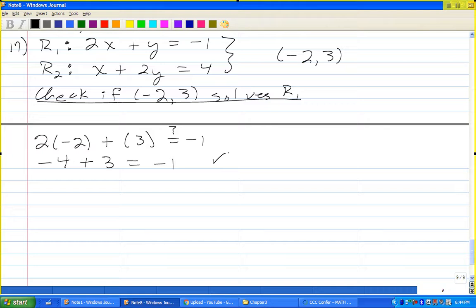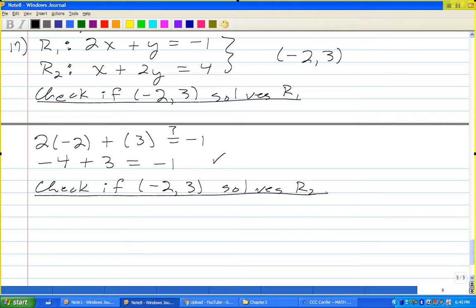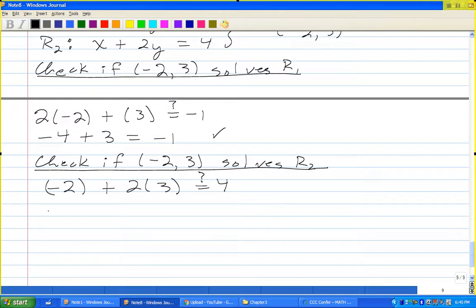Yes. Now let's check if (-2, 3) is a solution to the second equation. And so is x plus 2y equal to 4? Is 6 minus 2 equal to 4? Yes.